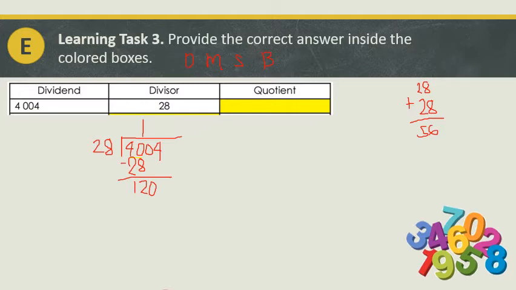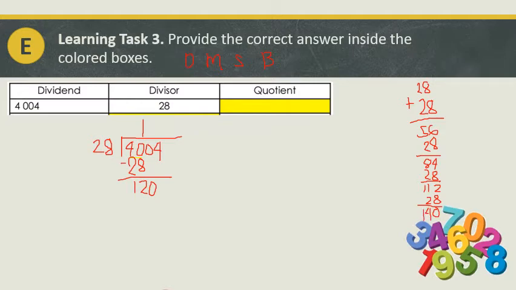Pag pinag-plus-plus natin sa 28, so add tayo pa ng 28. So, ito po ay 84. Plus 28. So, ito po ay 112. Plus 28. So, ito po ay 140.